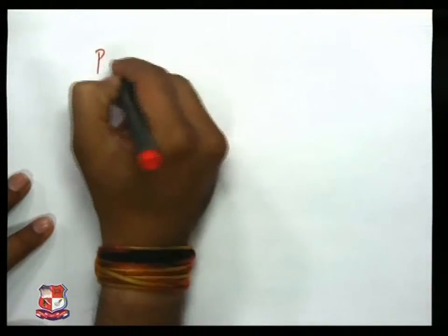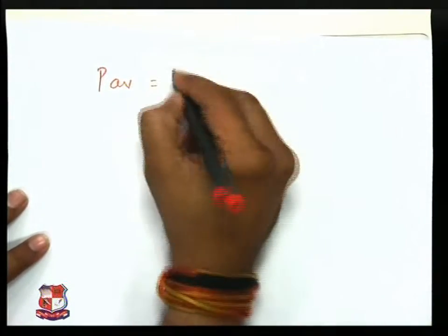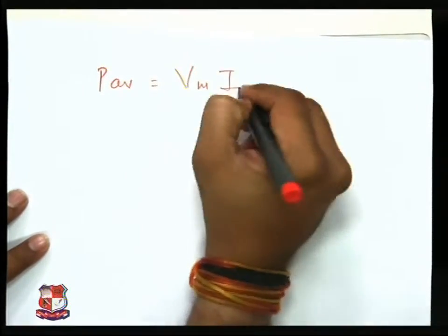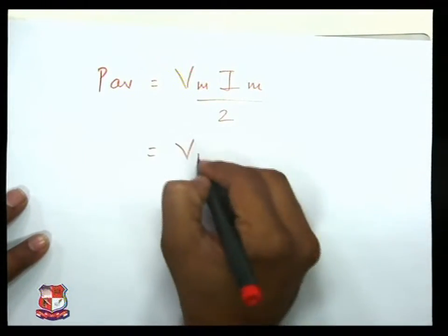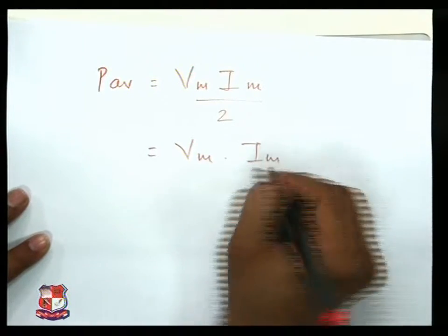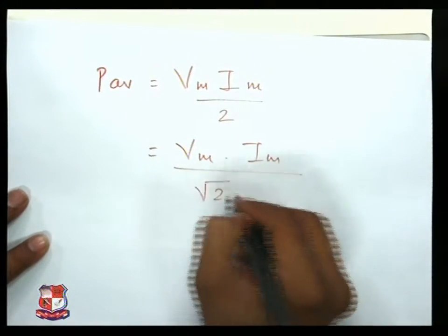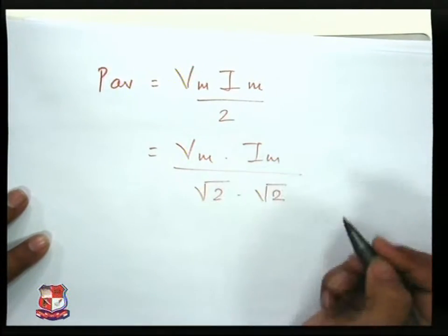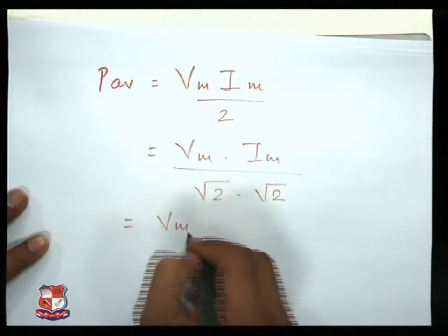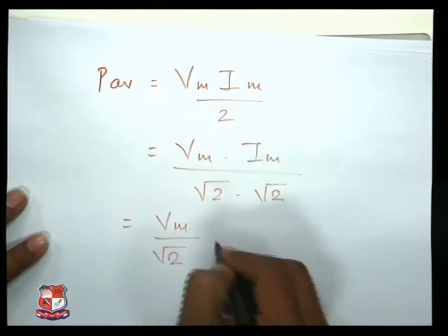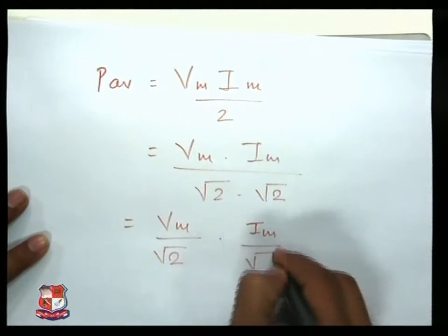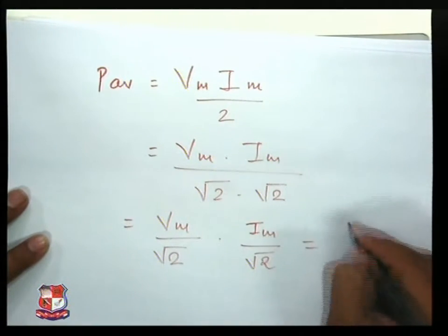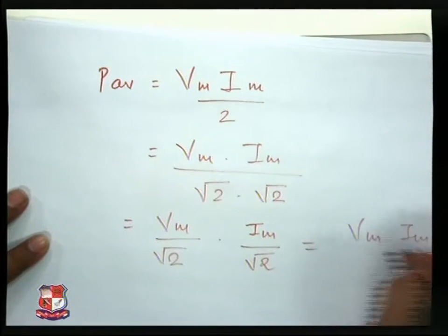This is PAV equals Vm Im by 2. The 2 is what? It is root 2 times root 2. So ultimately we can write Vm by root 2 into Im by root 2. It is nothing but Vm Im by 2.